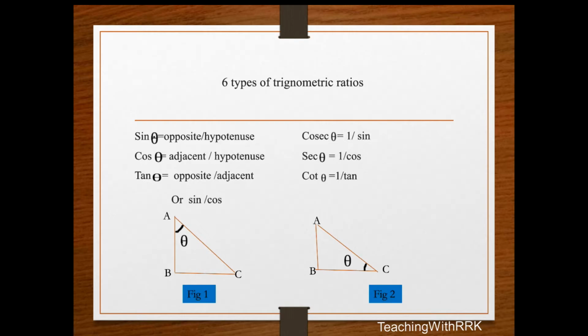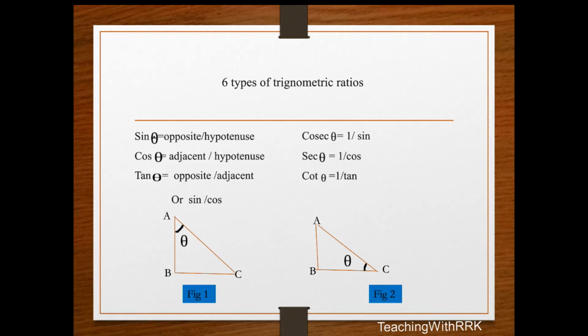Then cot theta. Cot theta is 1 by tan theta. Since sin theta by cos theta is tan theta, cot theta is cos theta by sin theta, or adjacent by opposite side. So cot theta for the first figure is adjacent by opposite, AB by BC.